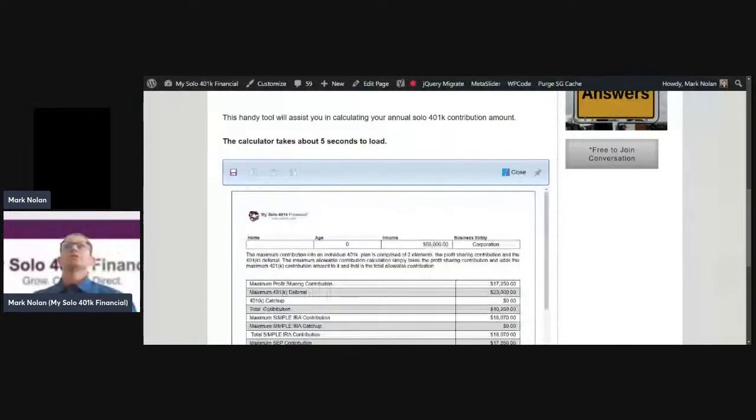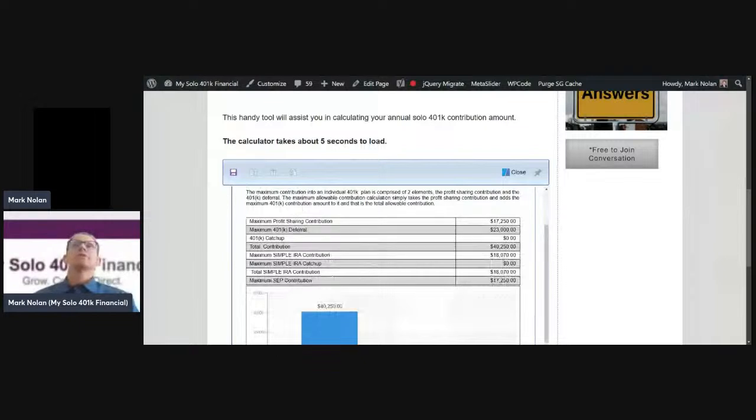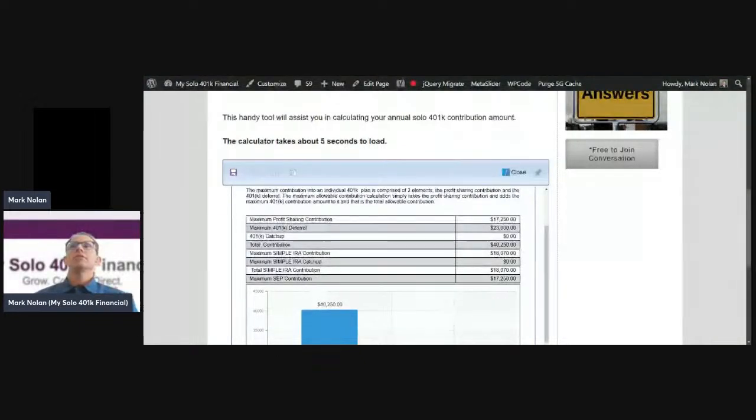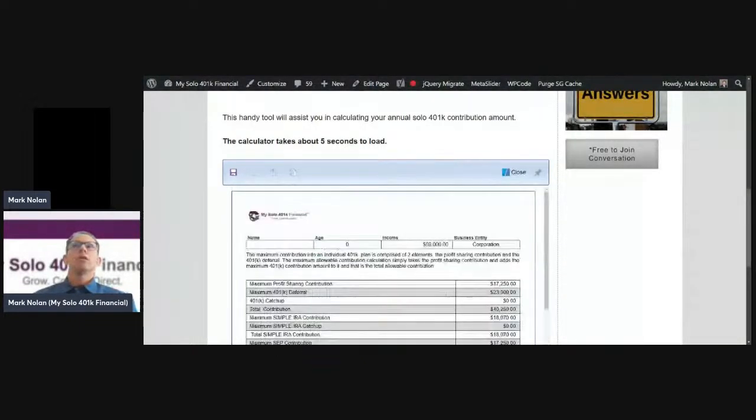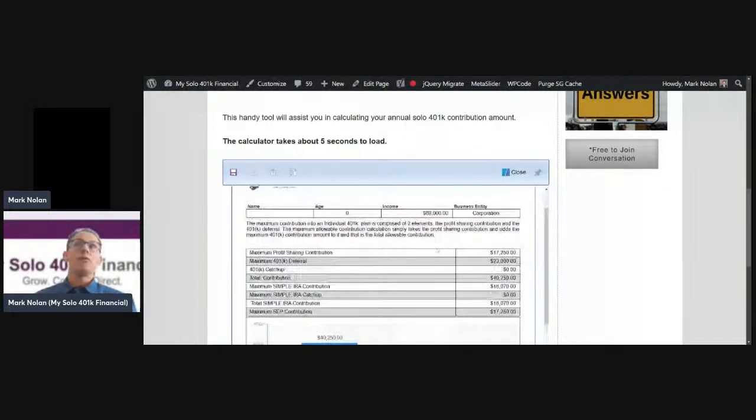So based on $69,000, even though it doesn't tell you on this calculator here, unfortunately, you are going to be able to contribute the full $69,000 as a voluntary after-tax solo 401k contribution. All you need is $69,000 of W-2 wages to maximize that voluntary after-tax contribution because it's a dollar for dollar calculation, meaning it's based on the dollar for dollar that you report in W-2 wages in that box 1.